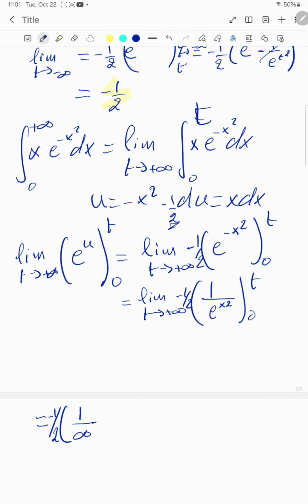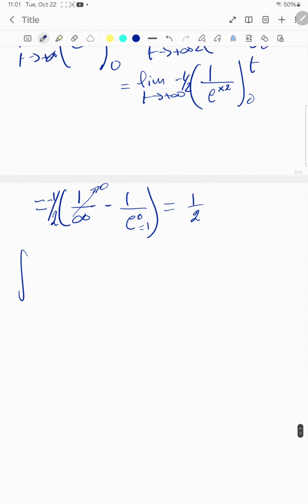When t goes to infinity, it becomes 1 divided by infinity minus 1 divided by e to the power of 0. So this would go to 0 because 1 divided by infinity is equal to 0. So minus 1/2 times minus 1, because e to the power of 0 is equal to 1. So I have minus times minus, which gives plus 1/2.